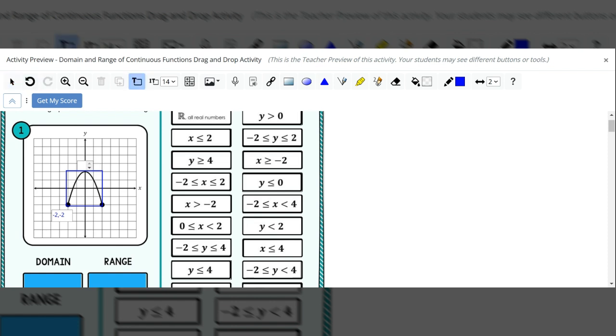That's 0 comma 2, the highest part of that graph. And then it went down to the right. And this part here is 2 comma negative 2.